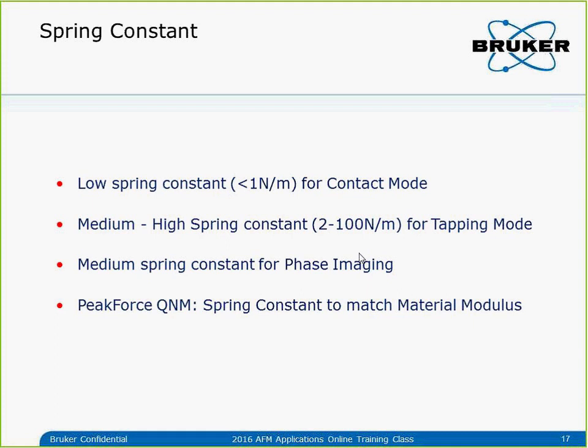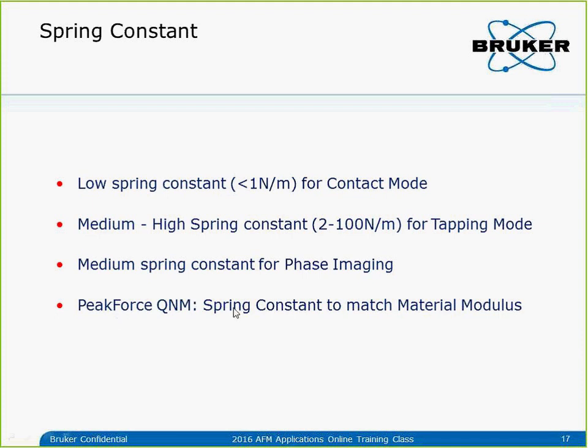Sometimes for biological samples, the contact mode cantilever could be less than 0.1 newton per meter. It's really soft. For the tapping mode, sometimes we want to do phase imaging, and for that we want to use a medium spring constant. I will talk a little more about that.